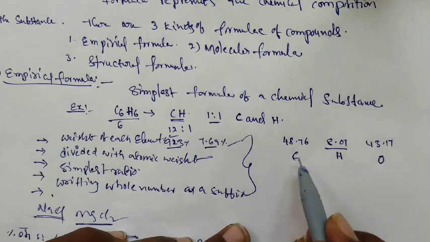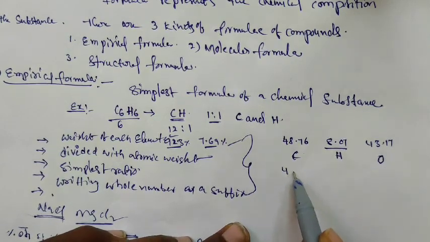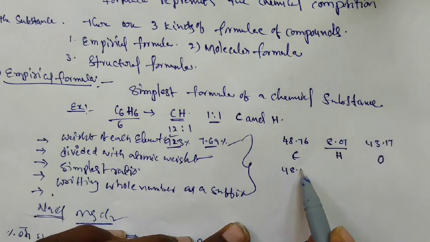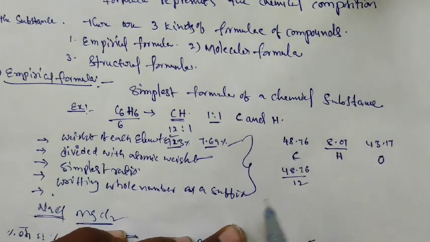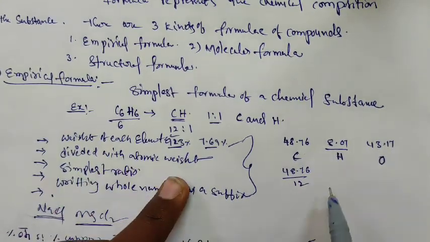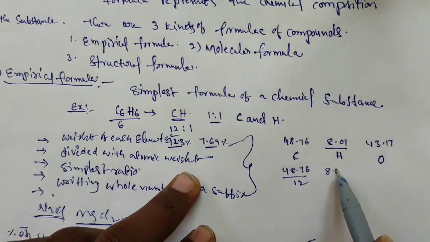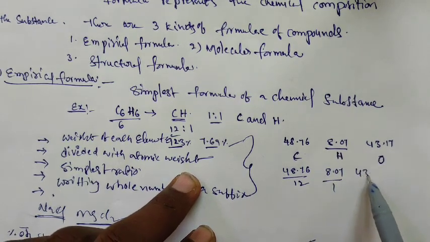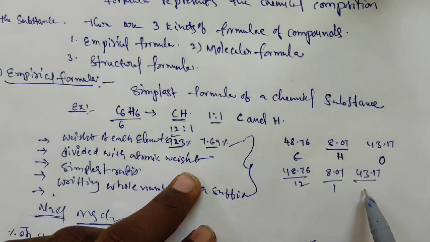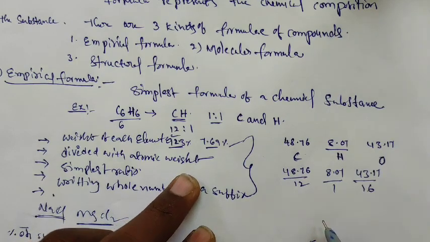See, for carbon the given percentage 48.76 is divided by the atomic weight 12, 8.07 by 1, 43.7 by 16 for oxygen.